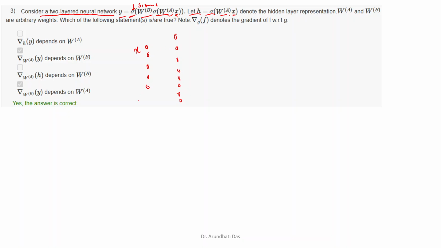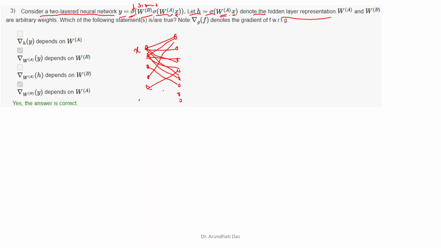So this x is my input nodes, and this h, which is obtained by multiplying the weight parameters WA with x, will represent the hidden layer. As you can see, all the current layer neurons, that is the hidden layer neurons, are connected through some weight parameters with the input layer nodes.